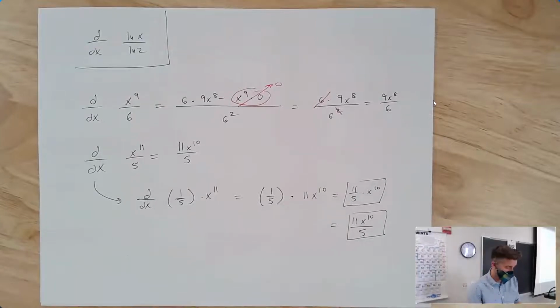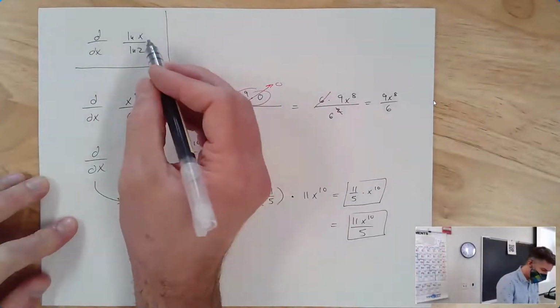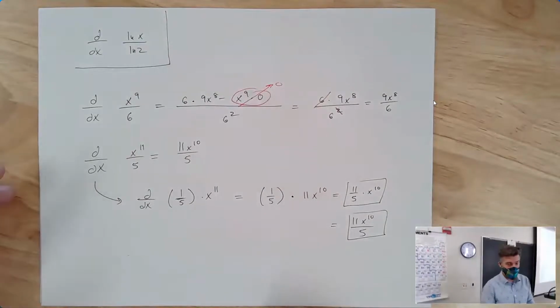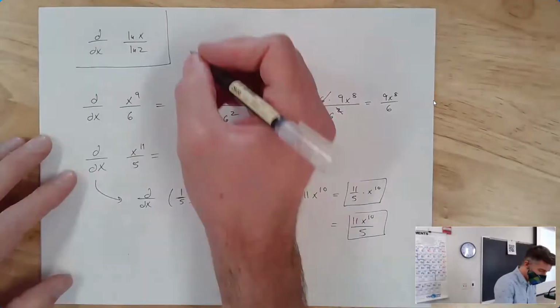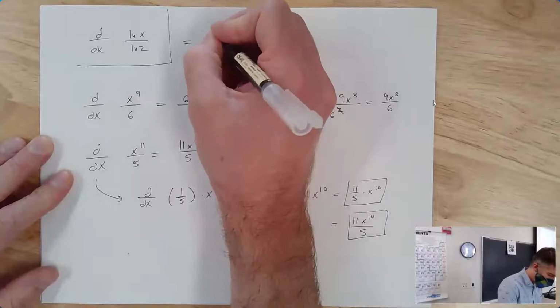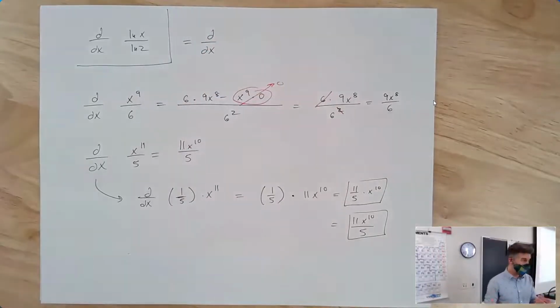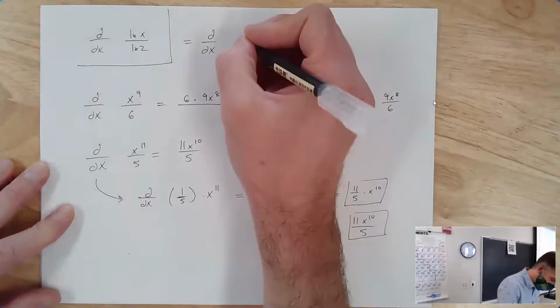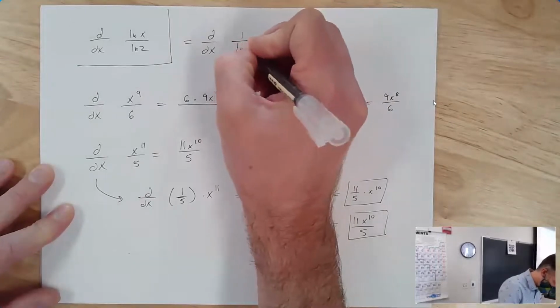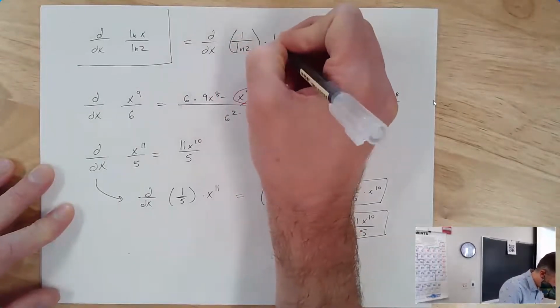So back to the problem at hand, the derivative of the natural log of x over the natural log of 2. It's super duper important that you recognize that the natural log of 2 is a constant. Right? There's no x's in there. It never changes. It's always approximately 0.69. I'm going to think of this as 1 over natural log of 2 times the natural log of x.